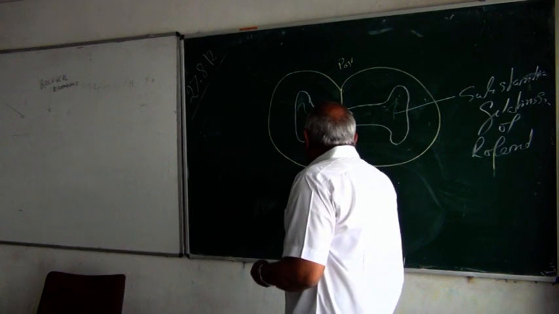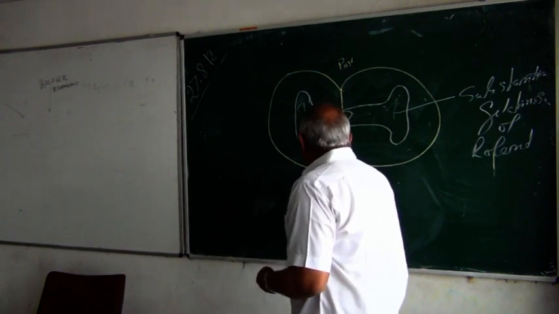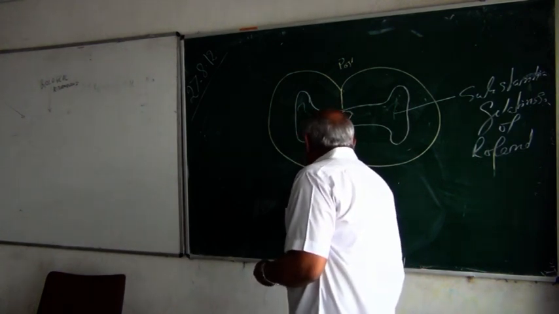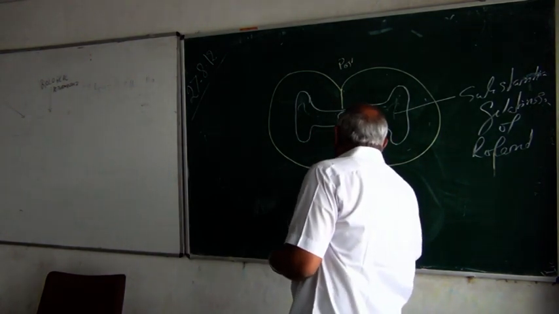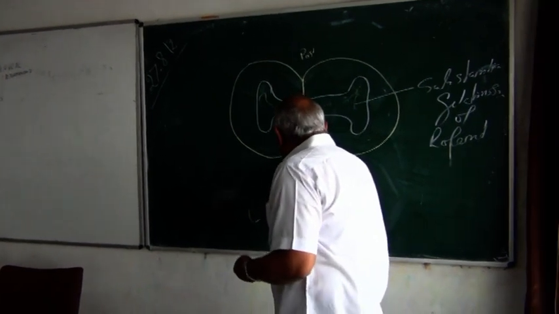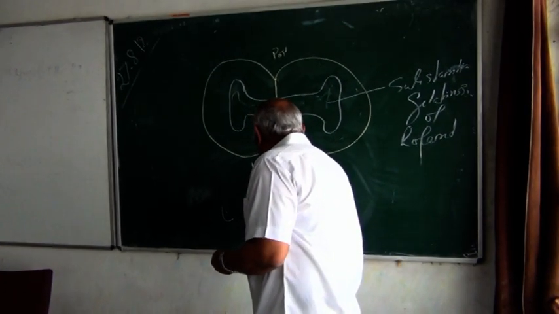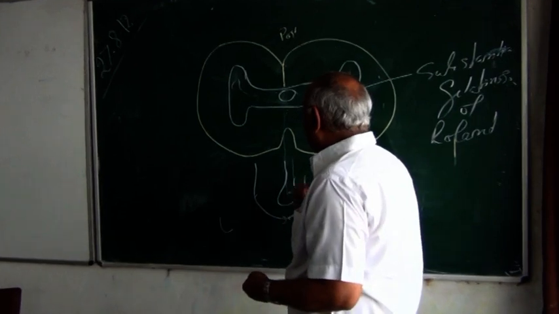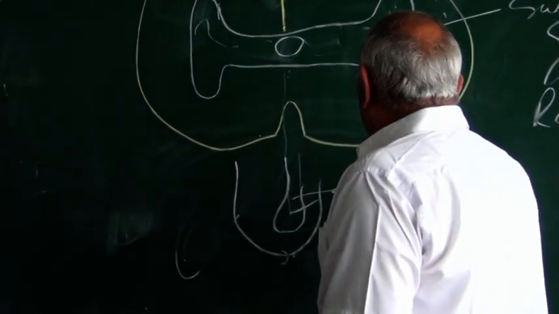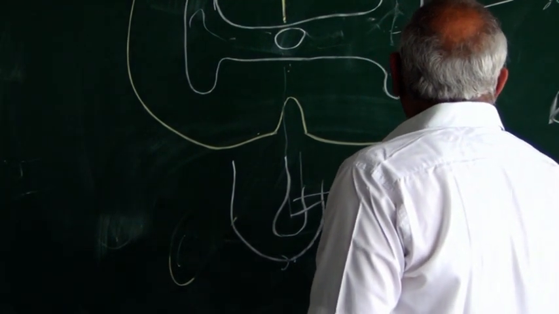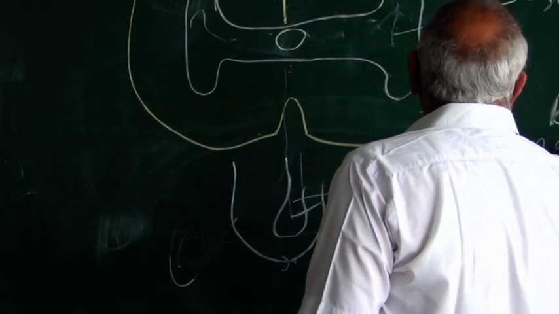Downwards it descends, and the spinal cord itself in the adult ends at the level of lumbar 1 and 2. So there it dilates like this. This is 9 to 11 millimeters in diameter, and this is called the terminal ventricle.